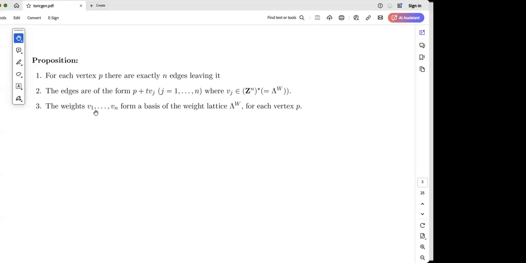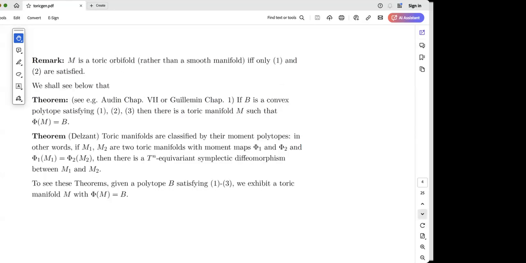I'm also assuming that the weights v_1 up to v_n form a basis of the weight lattice for every vertex. If only the first two conditions are satisfied, then M is a toric orbifold rather than a smooth manifold.